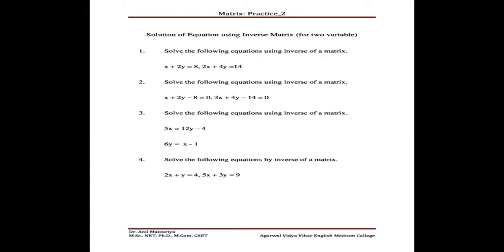So here x means 1x, that means we have purchased 1 kg of product x at price x, plus we have also purchased 2 kg of product y at price y, and the total cost of both the products is 8 rupees.